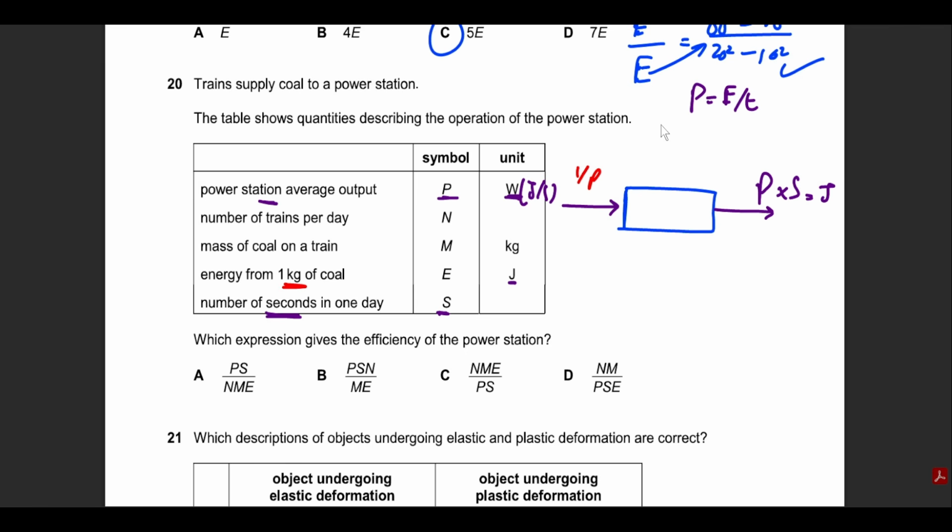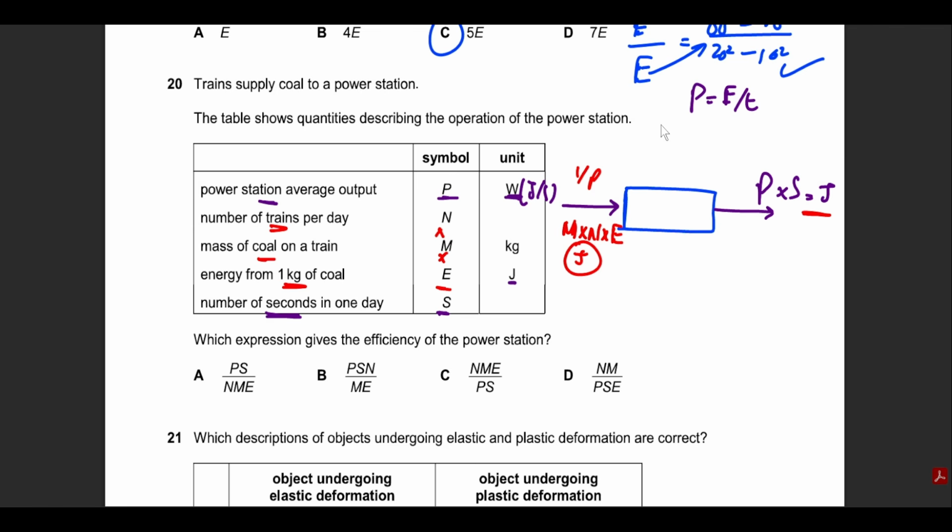So energy of 1 kg of coal, mass of coal, how much is available, and how many trains are coming in. If you multiply these three quantities together as M into N into E, your answer still comes out as joules. So these are the joules of energy that you're putting in as chemical potential, and this is the amount of joules you're getting out as electrical energy.